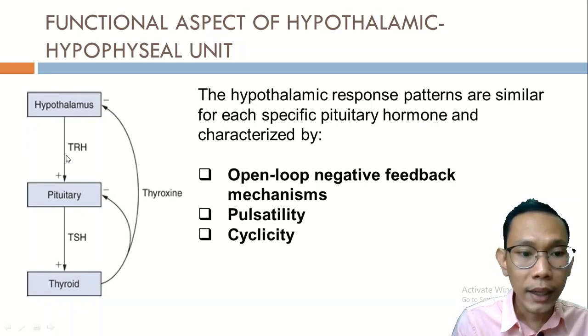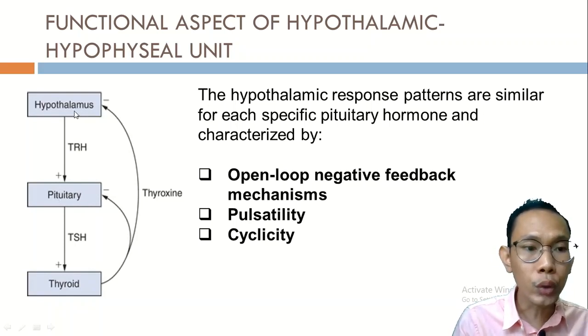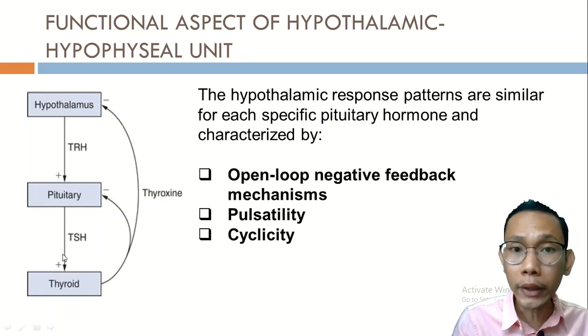So it will inhibit your pituitary or your hypothalamus to secrete your TRH and TSH so that your thyroid will not produce any more hormone, such as your thyroxine and your T3.